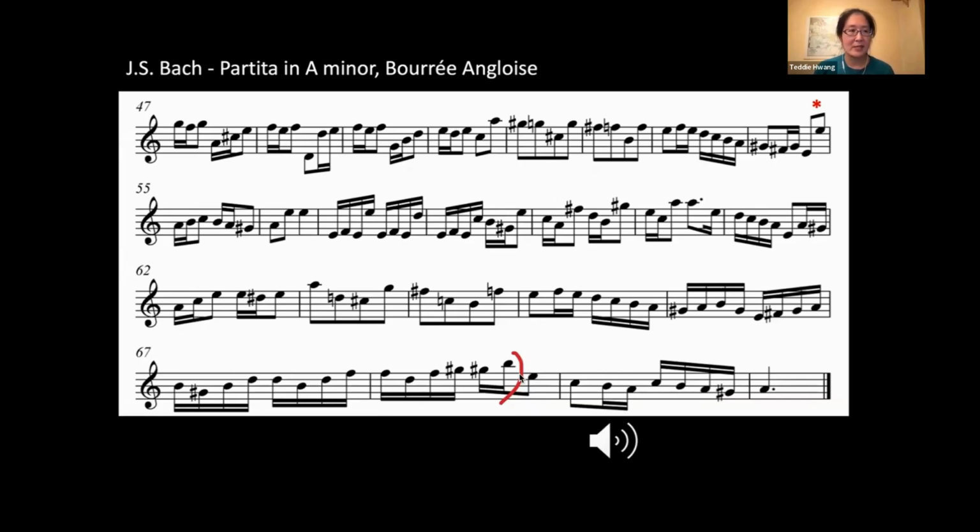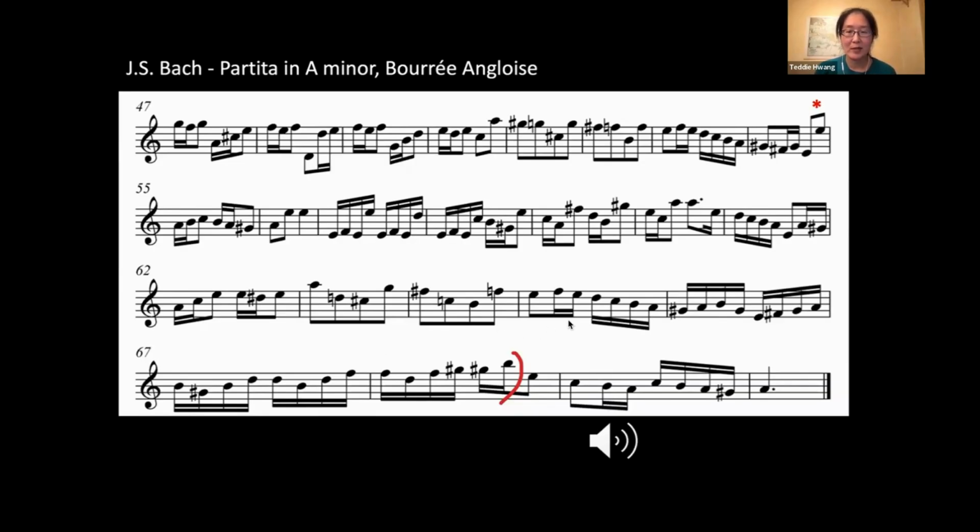And this may sound kind of odd and abrupt at first, but it's actually more reflective of the harmony. And by not playing it how it looks on the page, so by not following how the notes are barred, you're actually showing Bach's humor and also enhancing the character of a bourrée.